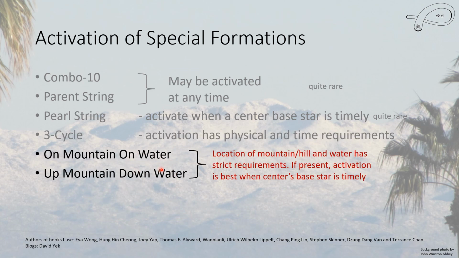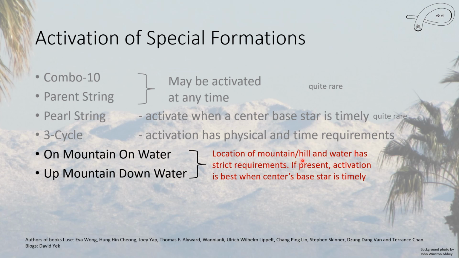These last two, if you have them, they're very good, but they are completely dependent upon landforms. So there are some strict requirements of where you must have water and mountains. Now the mountains have to come from nature, so there's nothing you can do. You can place water in wherever you need it, but the mountains have to come from nature.